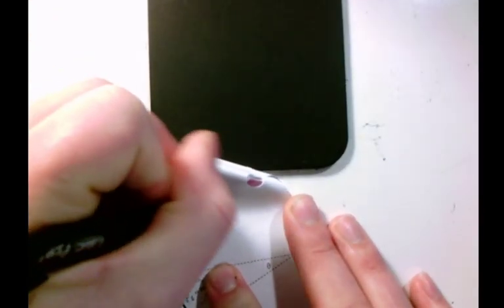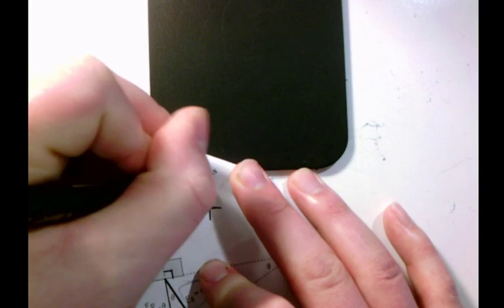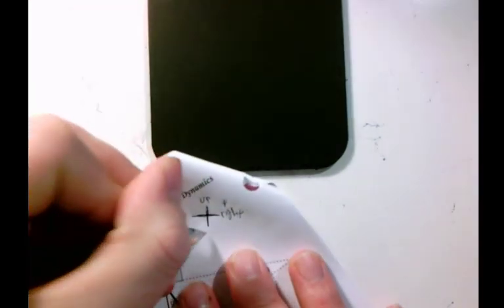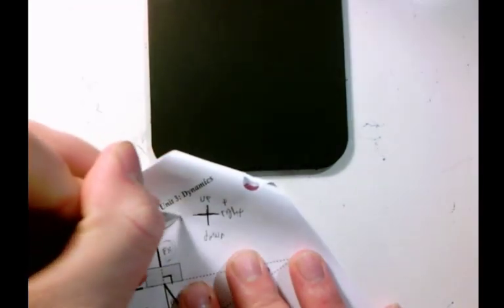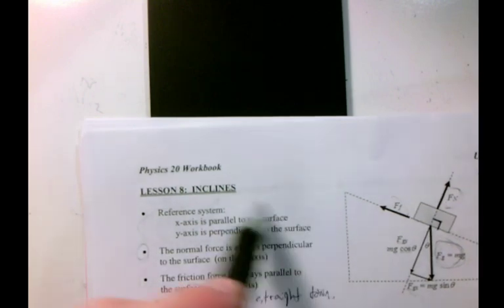Now we have our new reference system where away from the surface, or up and right, are positive, and down and left are negative. So we've physically turned our paper and created a new reference system, and that is our first step in any inclined problem.